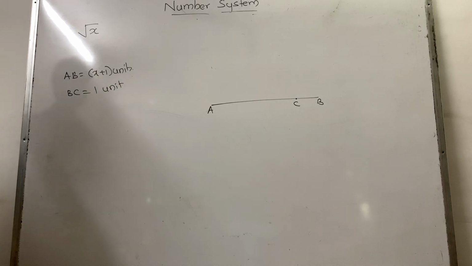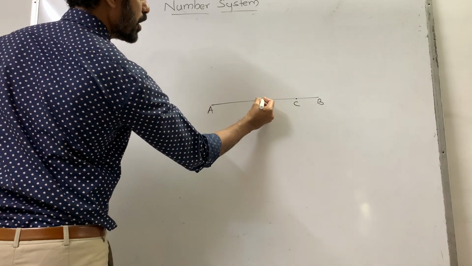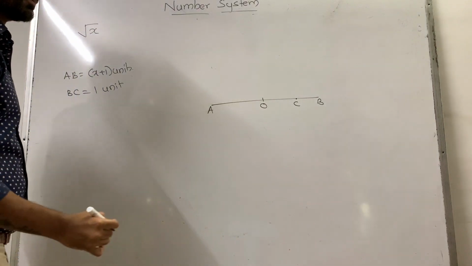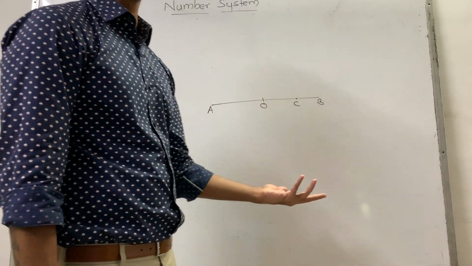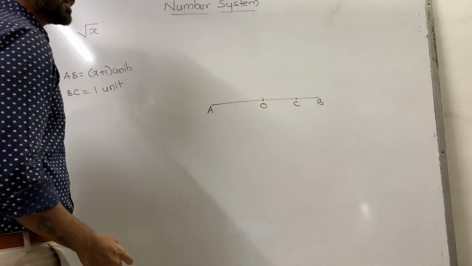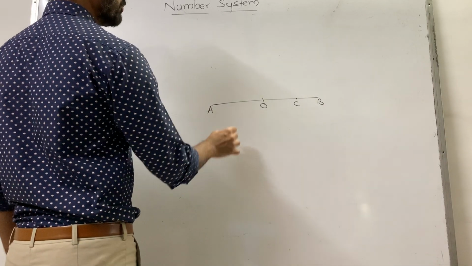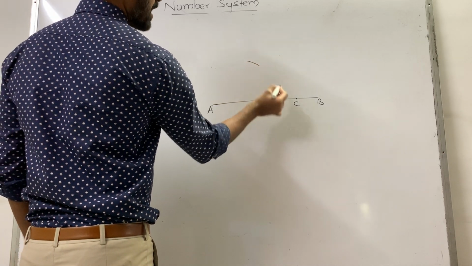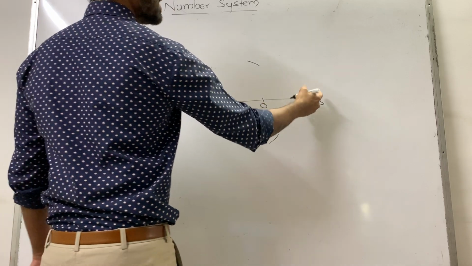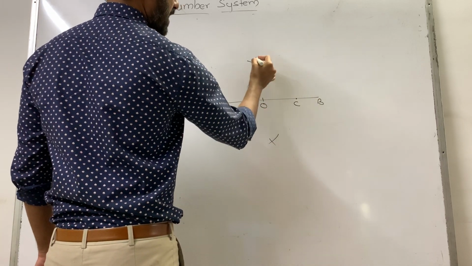Step 3, locate the midpoint of AB. So O is the midpoint of AB. Now how to locate the midpoint of AB? You know how to construct a perpendicular bisector. Take more than half of AB, draw an arc, and with that same radius, take B as center and cut this arc.